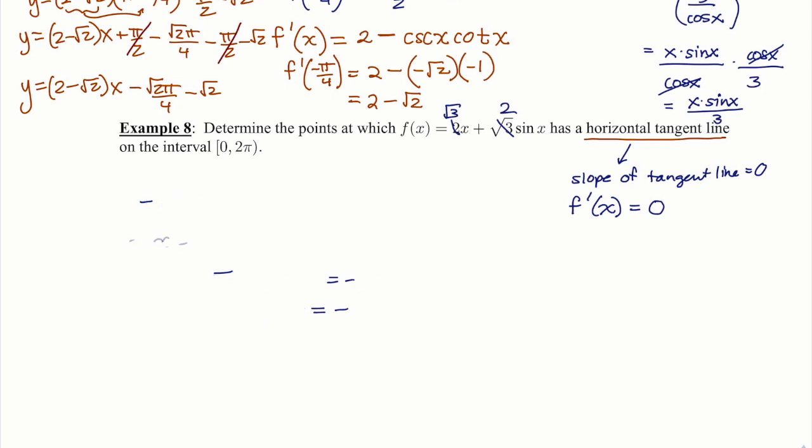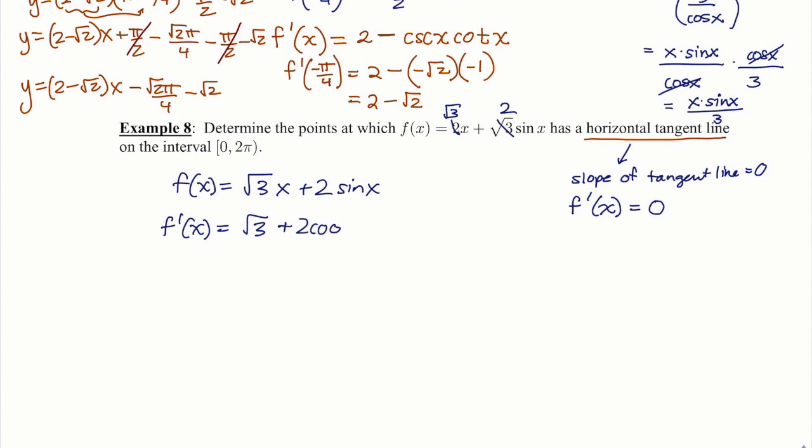updated function. f of x instead will be square root of 3x plus 2 sine of x. And then our derivative will be square root of 3 plus 2 times cosine of x.